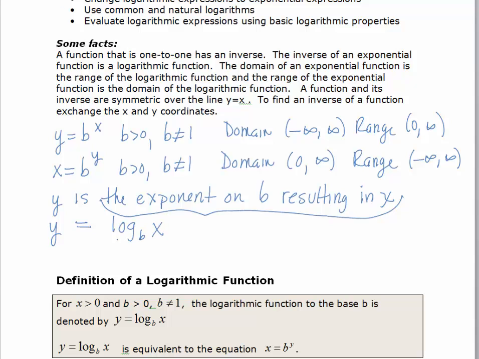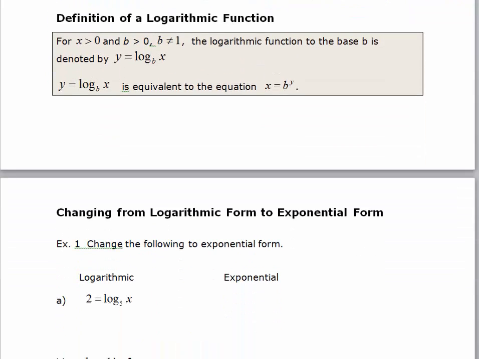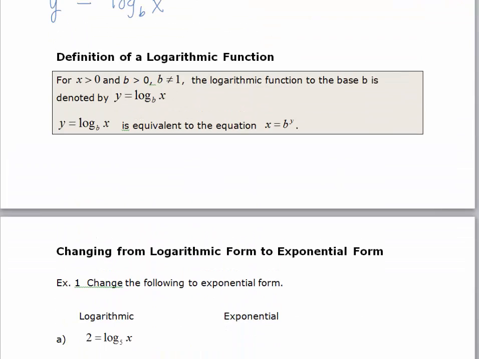So this expression right here, the log base b of x, means the exponent on b resulting in x. So a logarithm is really just an exponent, right? And it's certainly a confusing topic when you start to think about it, but as you practice, it makes more sense, or it should.